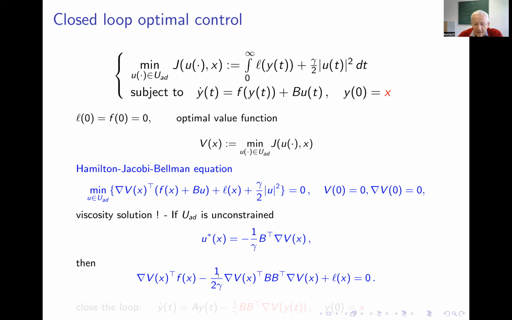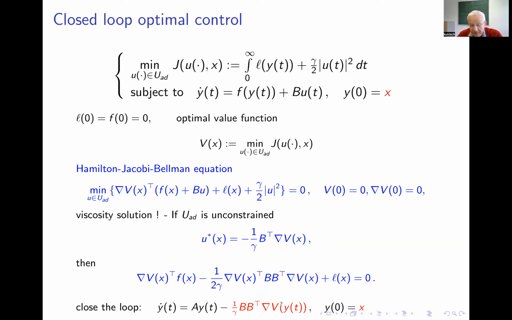So now we are interested in solving this equation for V, or gradient of V. Once we have it, we stick it into the dynamical system. This U star, you stick it in here, and you have closed the loop with optimal control.